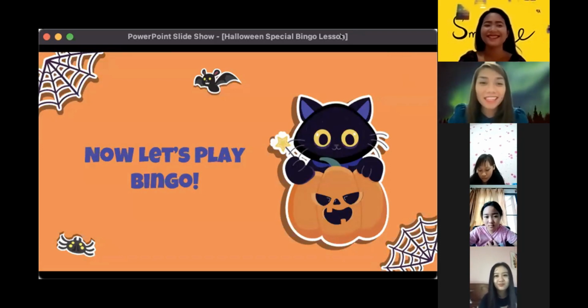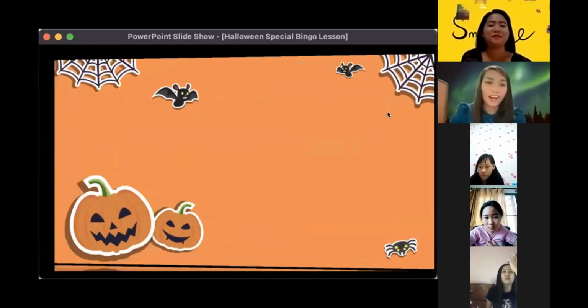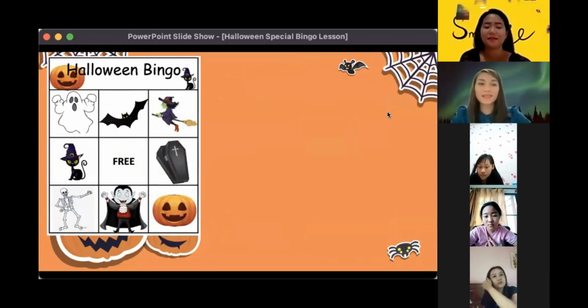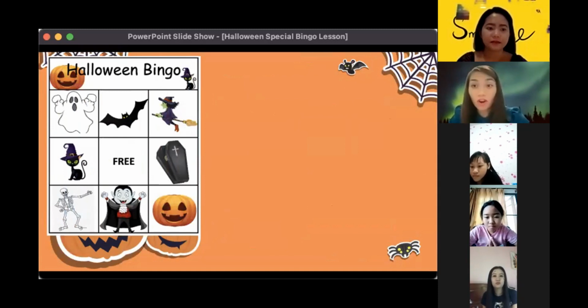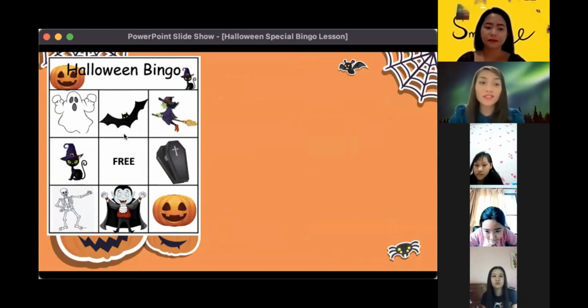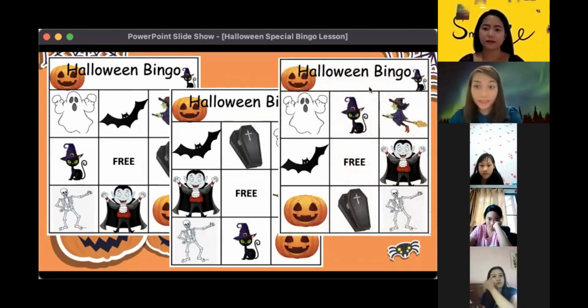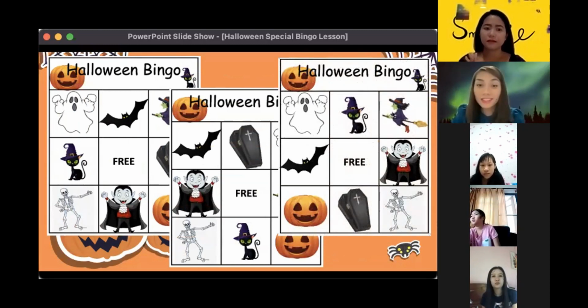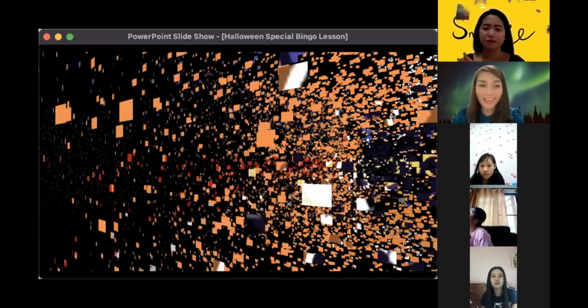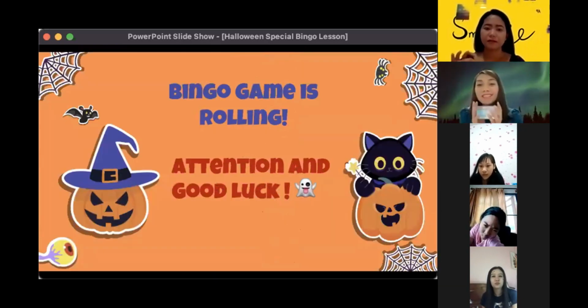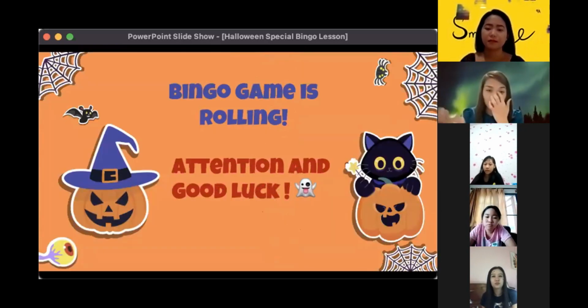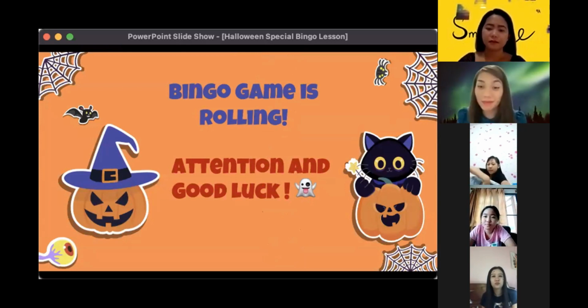Now let's begin. Now look at this. Here are the sample bingo cards that I have given you. This is the first card, the second card, and the third card. Now this is my box, and this is what we call the roulette in bingo game.